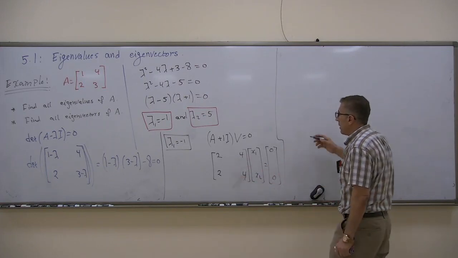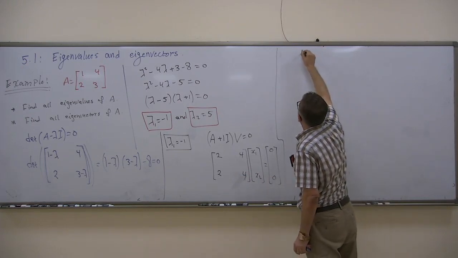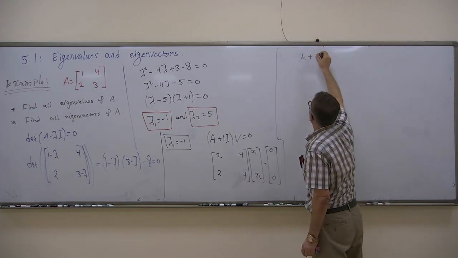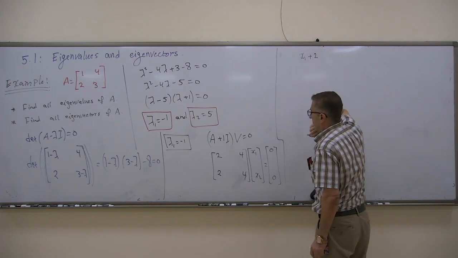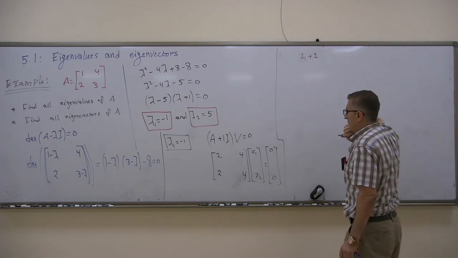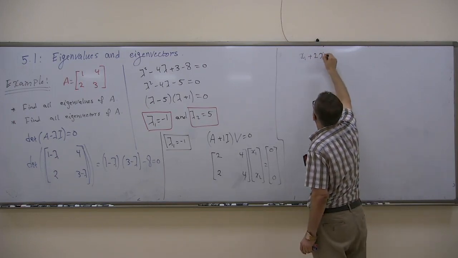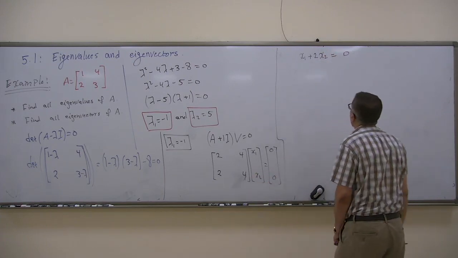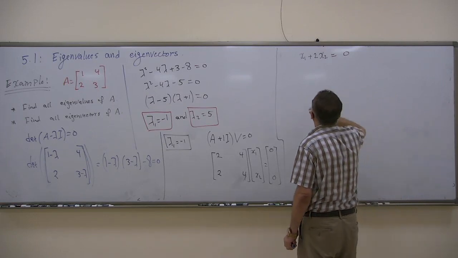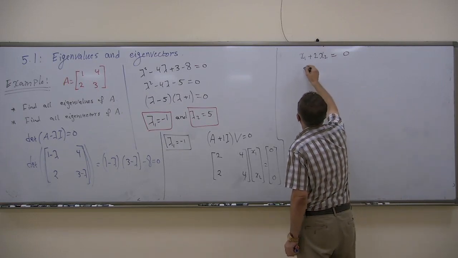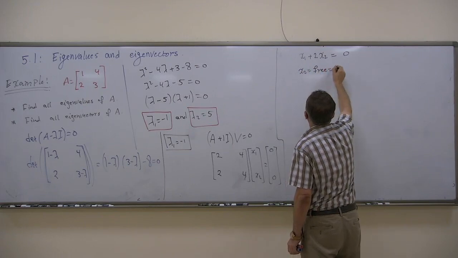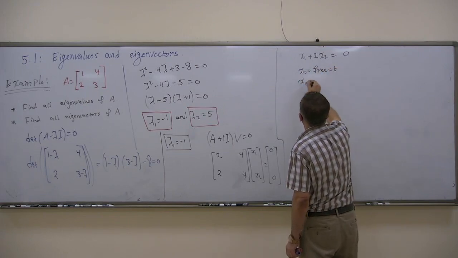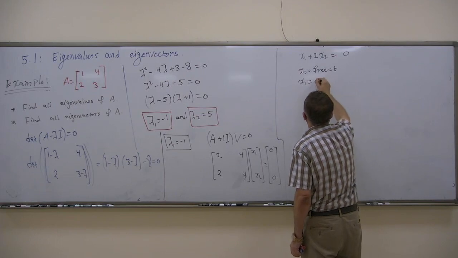So what you get here is x1 plus 2 x2 equals 0, and the second equation is the same. So here x2 is free, so let's take a t, and x1 is negative 2t.